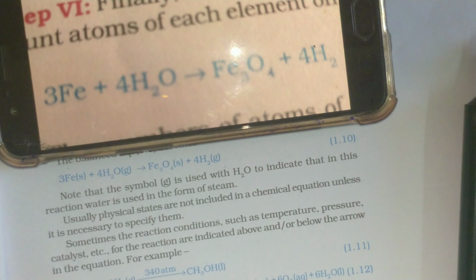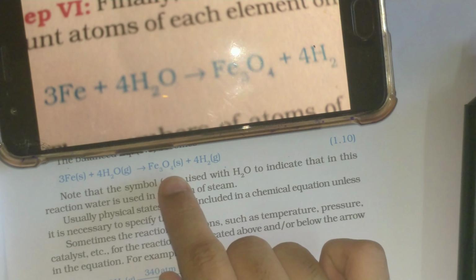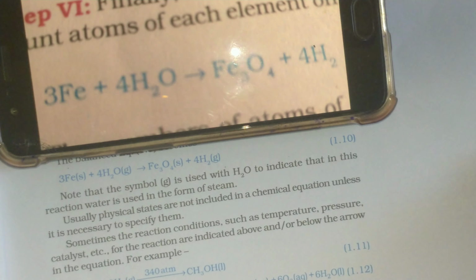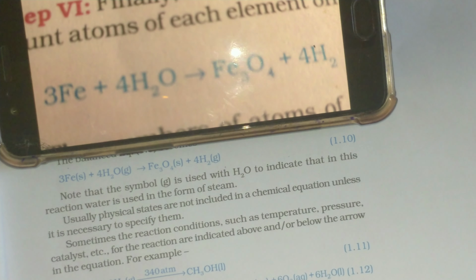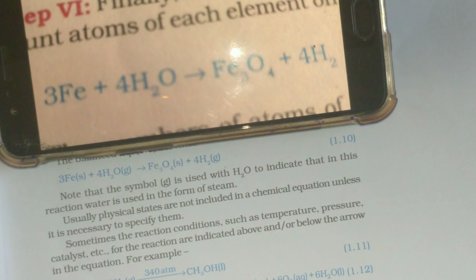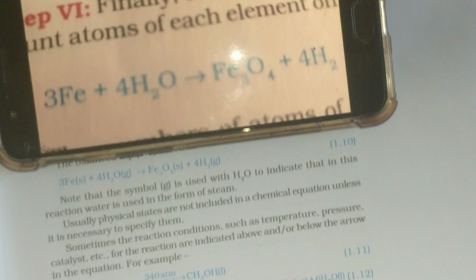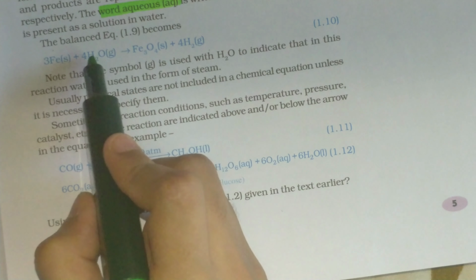H2O is a gas, so we put G. Next, for the Fe on this side we put S again, and for hydrogen we put G, because hydrogen is a gas.